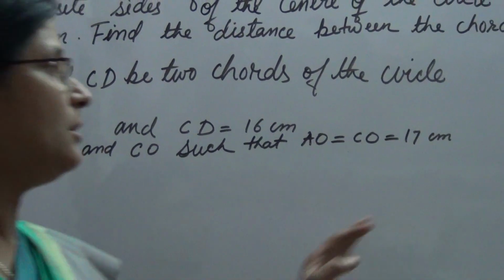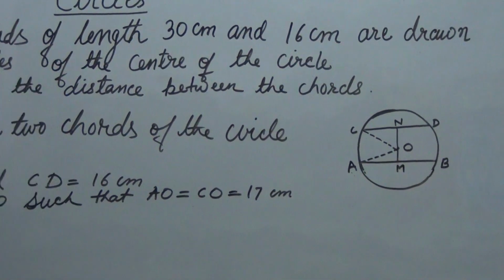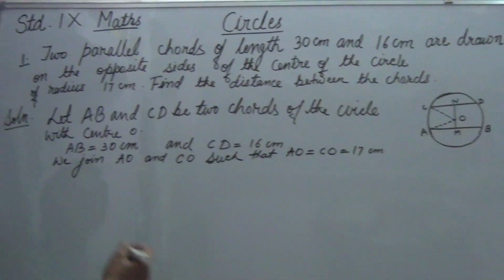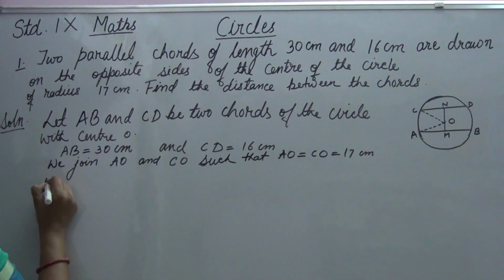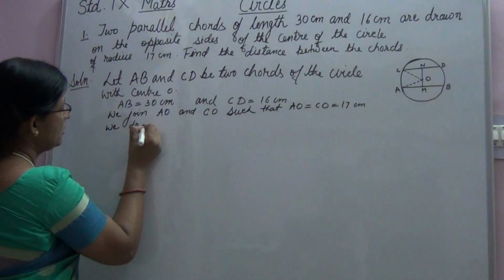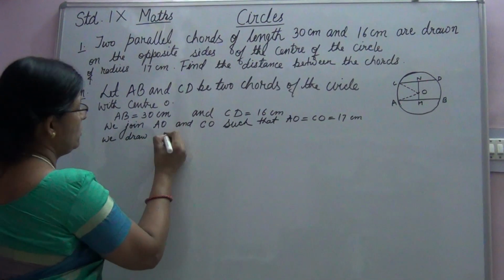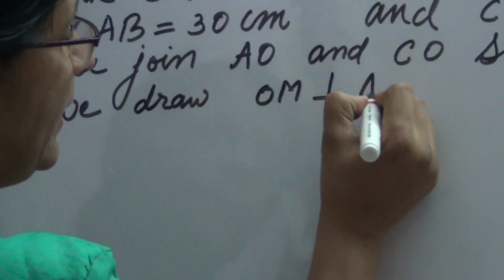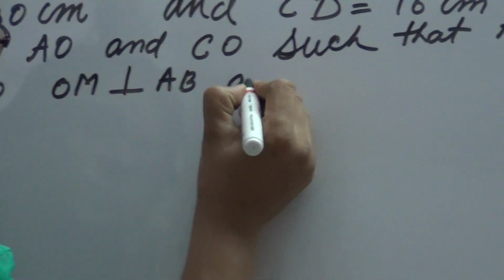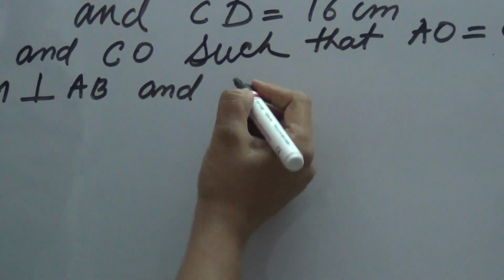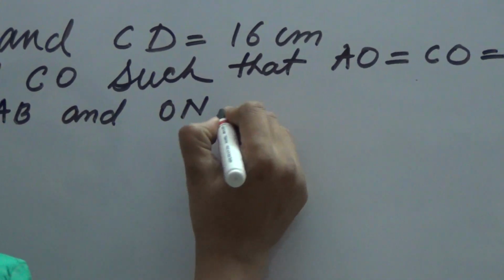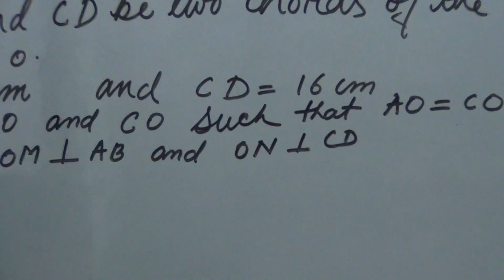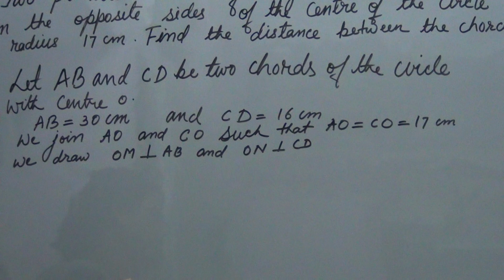Now we draw OM perpendicular to AB and ON perpendicular to CD. These two are perpendiculars from the center to the chord.